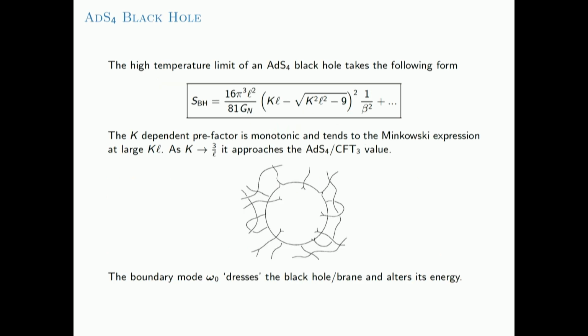What about black hole thermodynamics? What can we say now about the high temperature limit of a black hole in AdS placed inside one of these conformal walls? What does it look like?